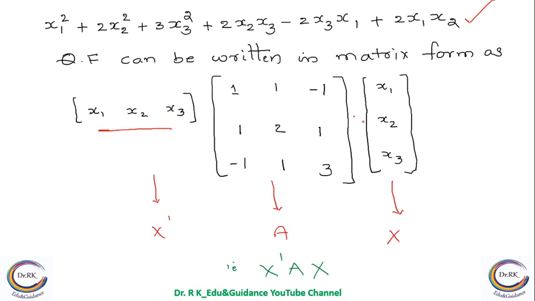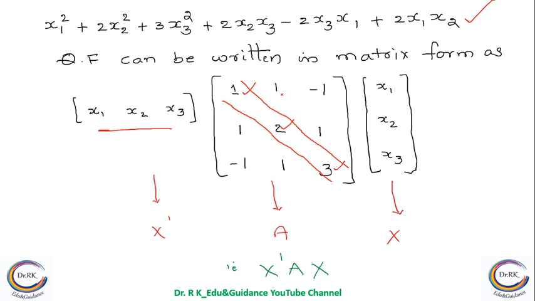How to take the A matrix, as discussed: first, the diagonal represents the square terms, so x1 squared is 1, x2 squared is 2, x3 squared is 3.